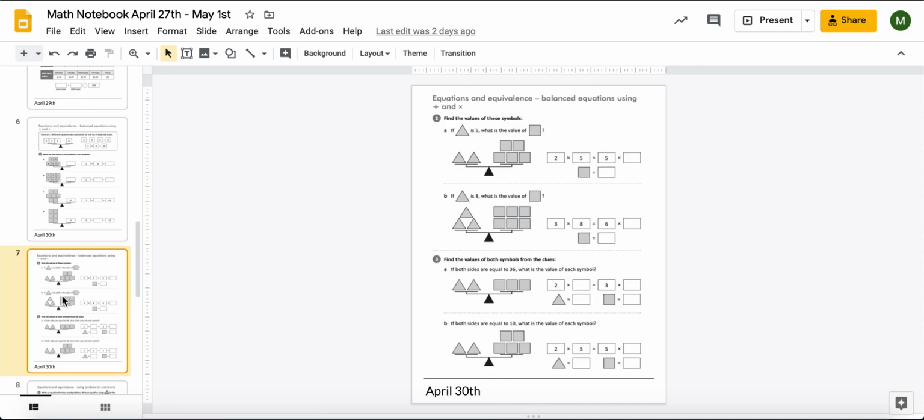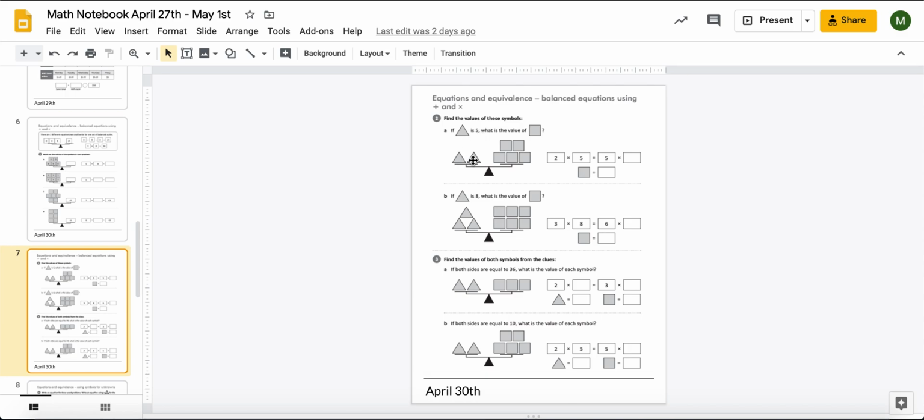Now, for the second page that you are working on, it's a little bit more tricky, okay? So make sure you're really paying attention to these instructions. So in number 2, we have symbols on both sides. Now it's important that you pay attention to what it tells you in this little blurb here. So here it tells you a triangle is worth 5.